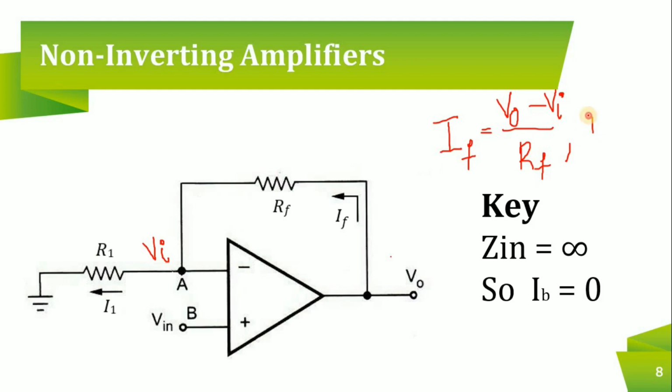The same way, if I want to calculate I1, from where to where is the current moving? It is moving from Vi to ground. So it is Vi minus 0, ground is 0, divided by R1. So this is the equation for IF and I1.